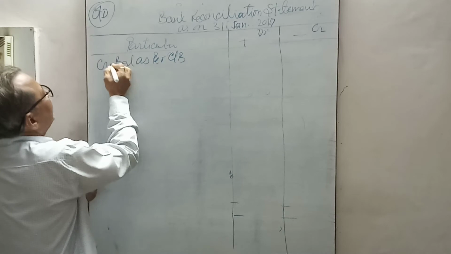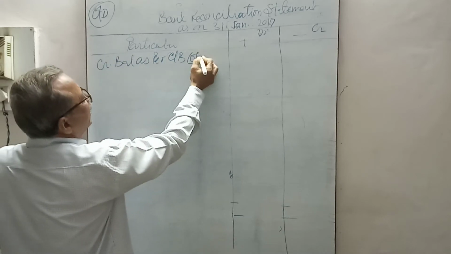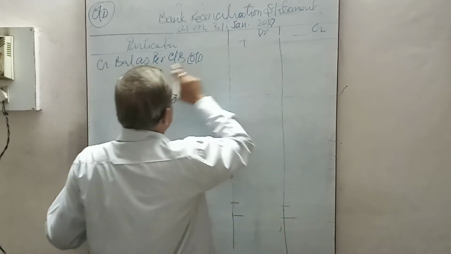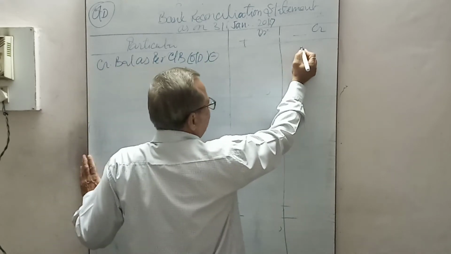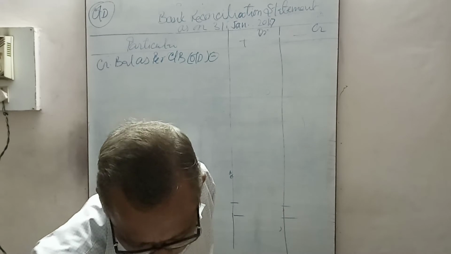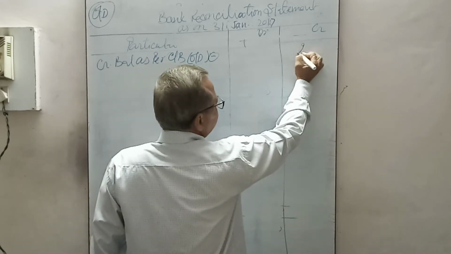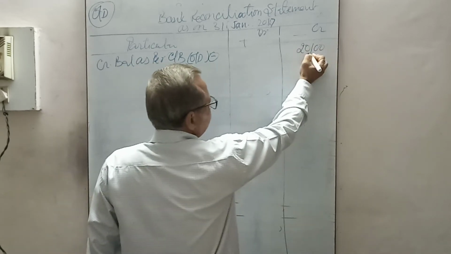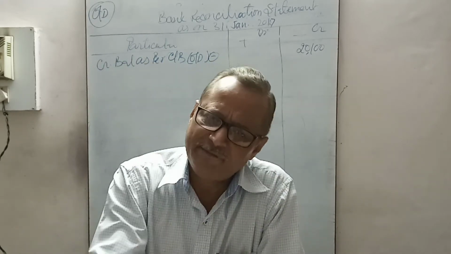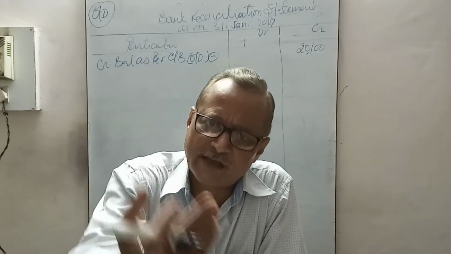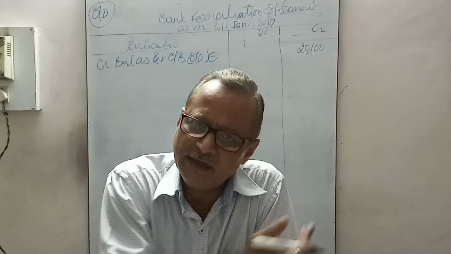That is called credit balance, or OD you can write, and that will appear. This is a negative balance, minus balance. So you must write it on the minus side. That is given, 20,100. And the rest of the items which are plus items, we will write on the plus side. Those items which are negative items, we will write on the minus side.